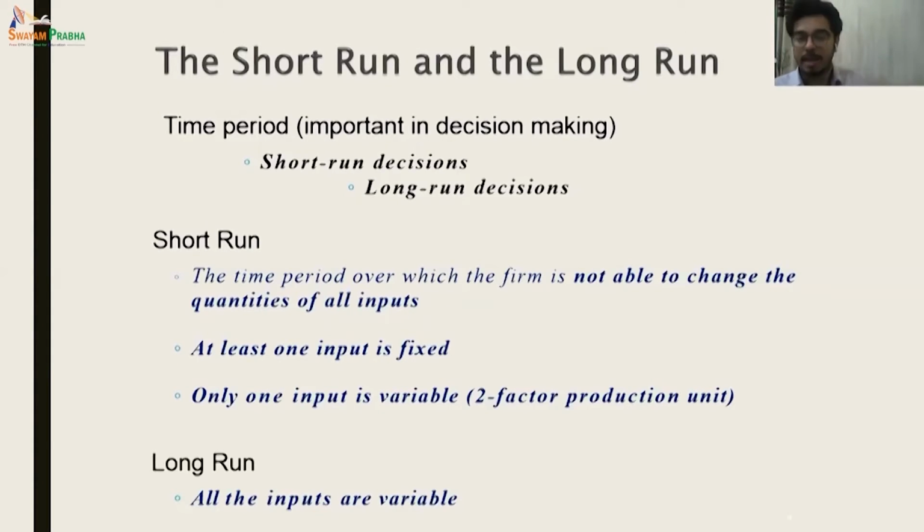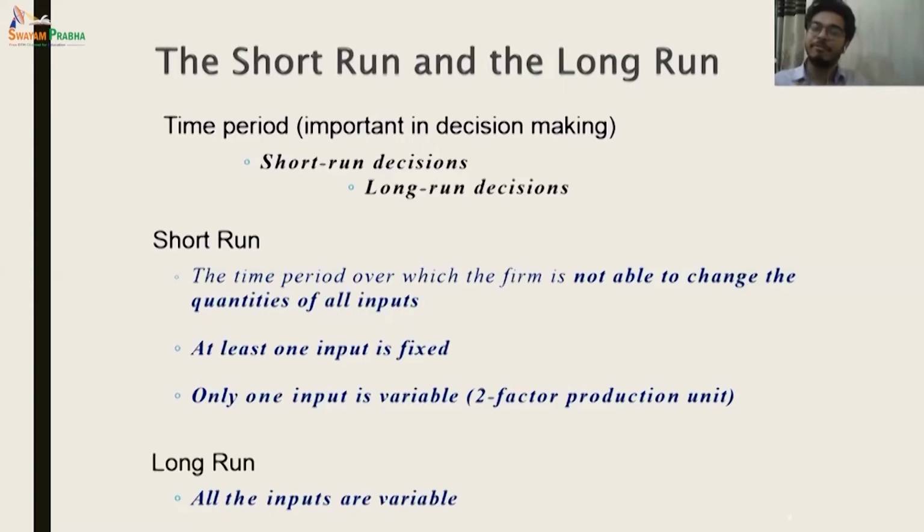All right. If we are considering only two inputs, then one will be a variable input and the other will be a fixed input. In long run, contrary to the short run, where at least one input cannot change, you can vary all the inputs.